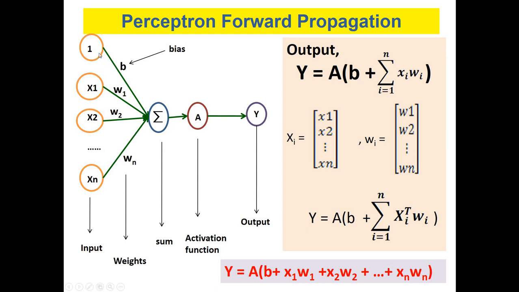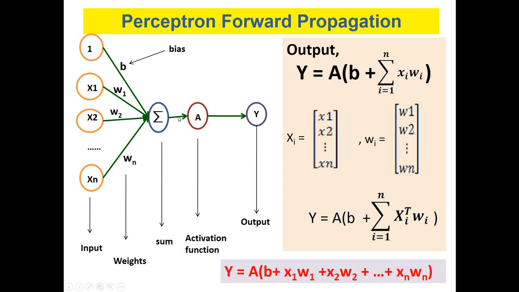So these are the inputs, x1, x2, xn, like that, and there is a bias also involved. First it goes through a summation. It simply adds x1 w1 plus x2 w2 plus xn wn plus b.